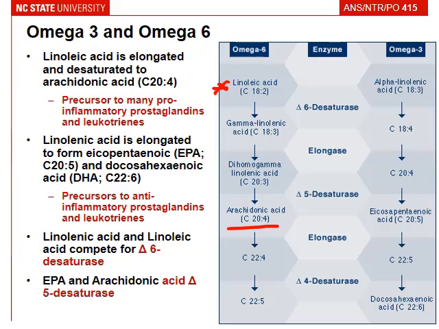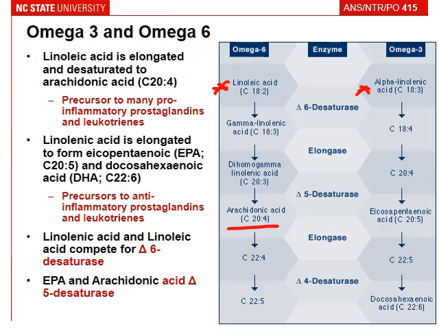So we use linoleic acid, we elongate it and desaturate it, and we get arachidonic acid, which is 20 carbons long and has 4 double bonds within it. Our next is linolenic acid, our omega-3 over here. It is 18 carbons long, 3 double bonds, and it is what is used to make eicosapentaenoic acid, or EPA.